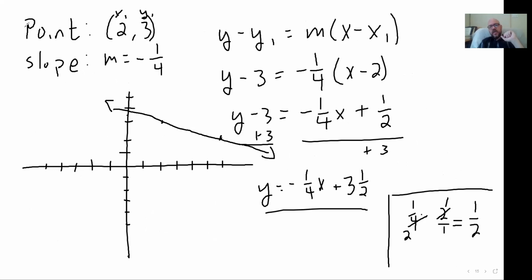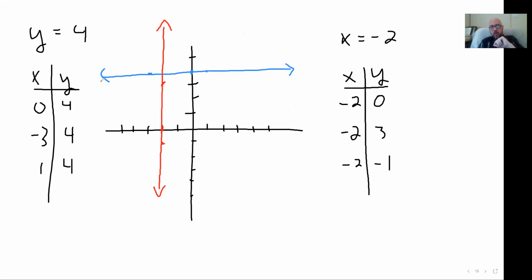So if instead of saying that I started with a point and a slope, I said, graph this line, what you might do is say, aha, I recognize that as point-slope form with an x1 of 2 and a y1 of 3. So I know the point (2, 3) is on the line, and I know the slope is -1/4, and so I can graph. That does work. You can also just put it into slope-intercept form. That's totally fine.